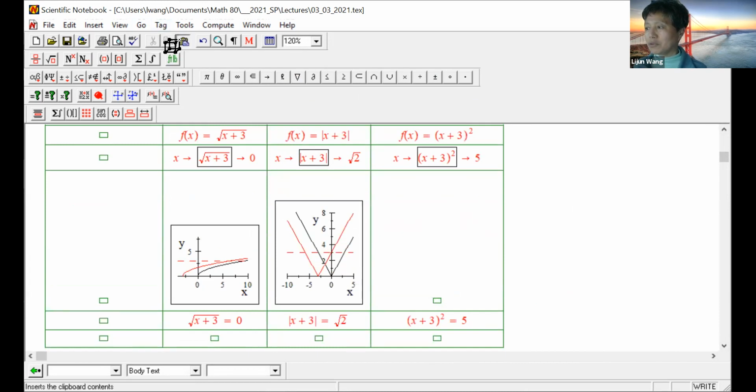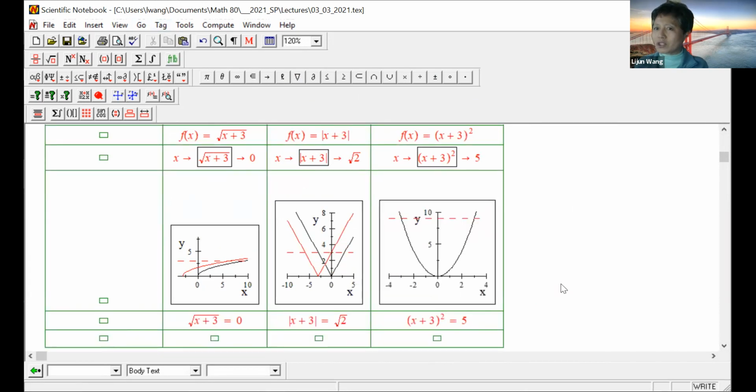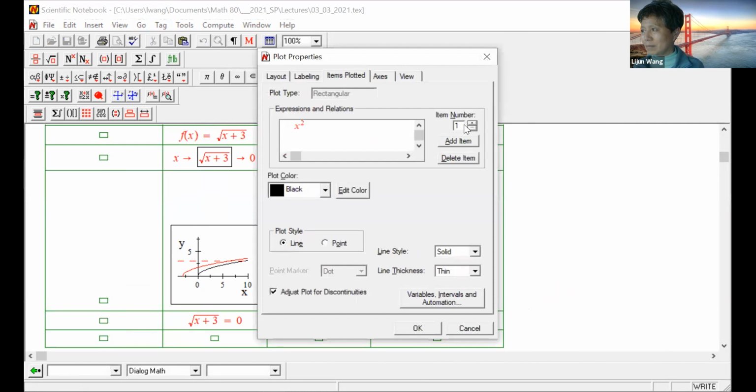I want you to guess, which direction do you think this last one will shift to? Left or right? You guys follow me? I want you to guess before I plot.